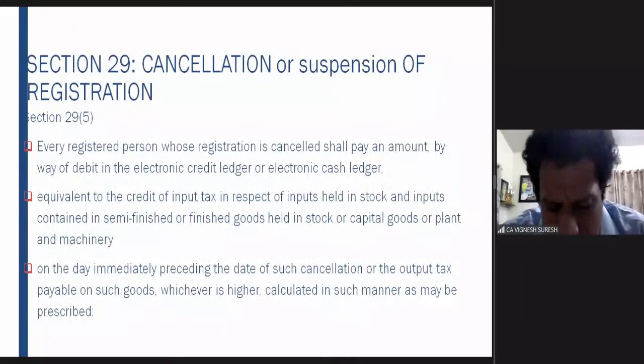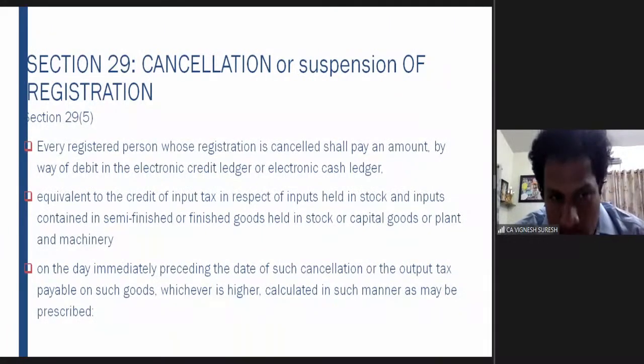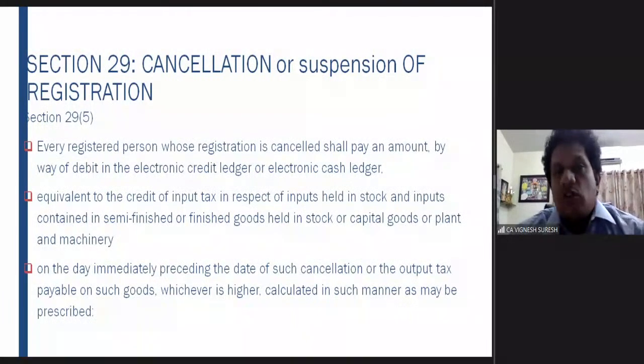Next, 29 subsection 5, a very, very interesting point. When your registration is cancelled, at that particular point, you may have some stocks and inputs in semi-finished or finished goods in your stock, or it may also be in capital goods or plant and machinery.